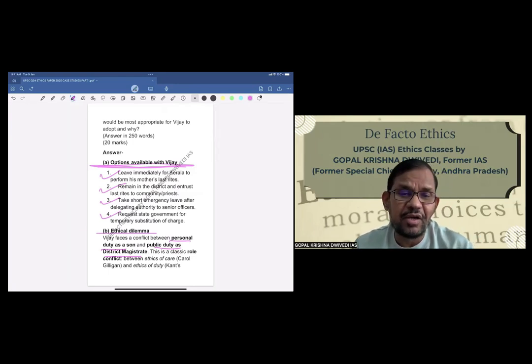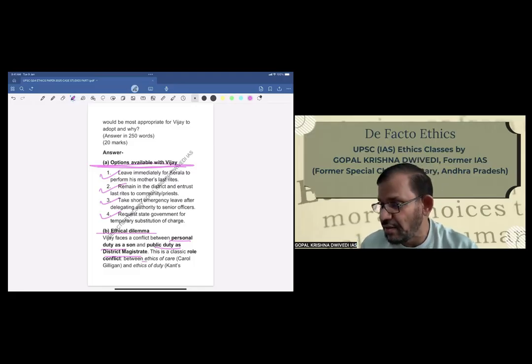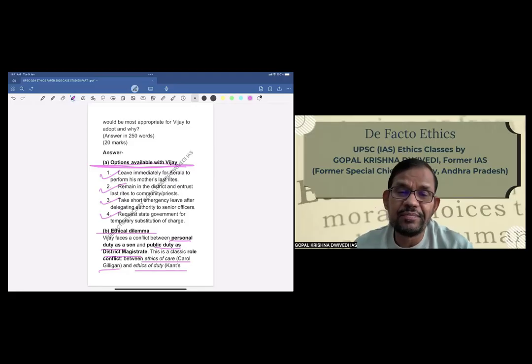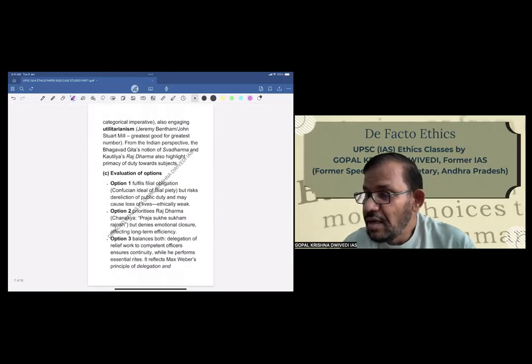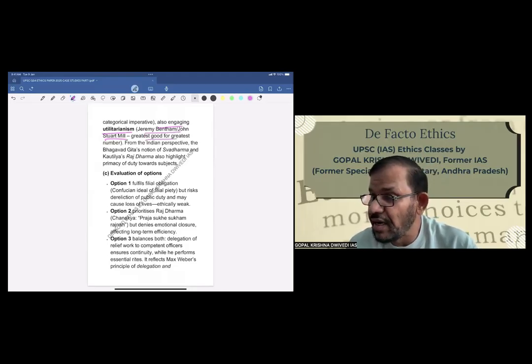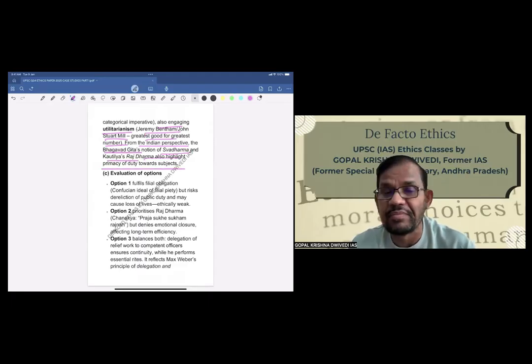This is a classic role conflict between the ethics of care of Carol Gilligan and the ethics of duty, that is Kant's deontology. Then it also engages utilitarianism, Bentham and Mill, the greatest good for the greatest number. From the Indian perspective, the Bhagavad Gita's notion of Swadharma and Kautilya's Rajdharma also highlight the primacy of duty towards subjects.